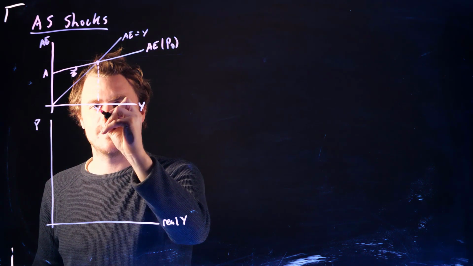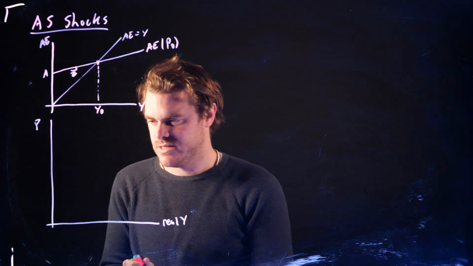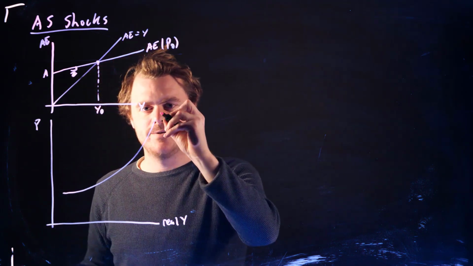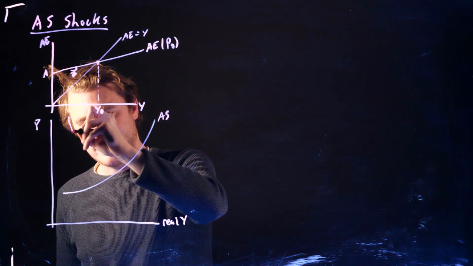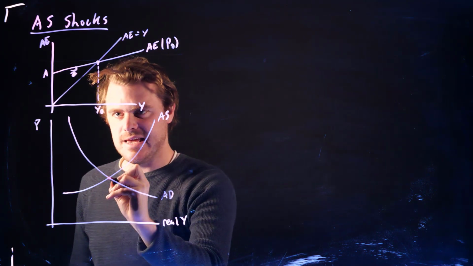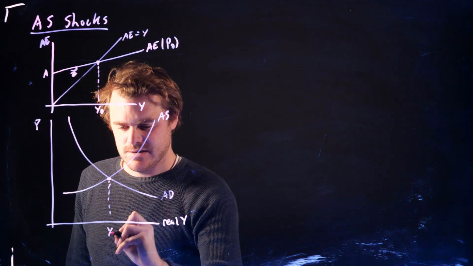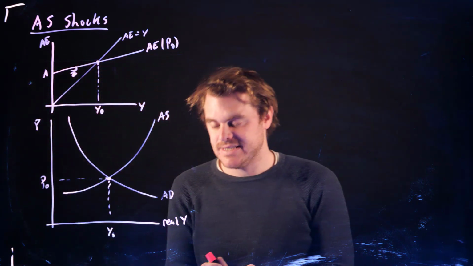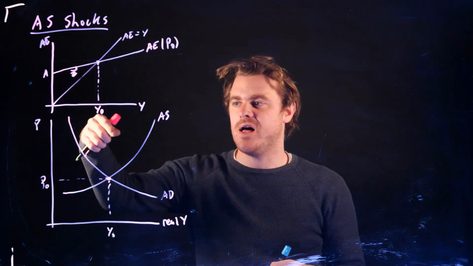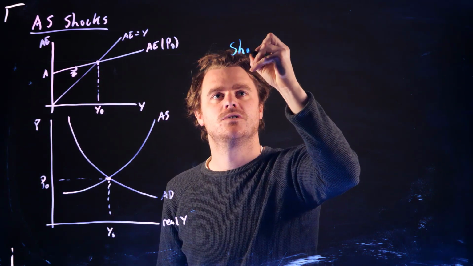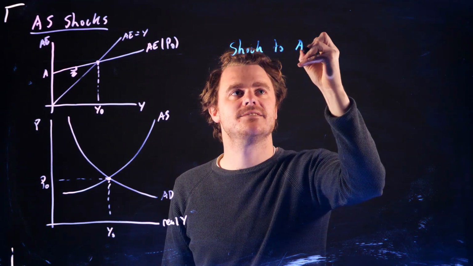And then what's happening is we have, let's say, Y0 here. We have equilibrium down in this macroeconomic equilibrium down here, AS and AD, and they meet at Y0 and P0. And so let's say there's a shock to the supply curve, or the aggregate supply curve.